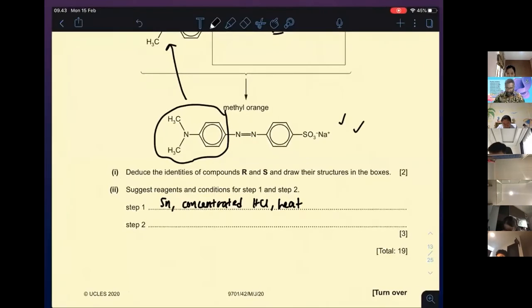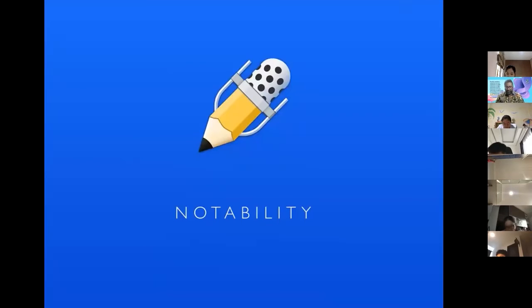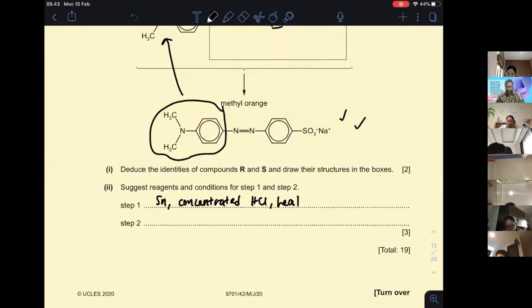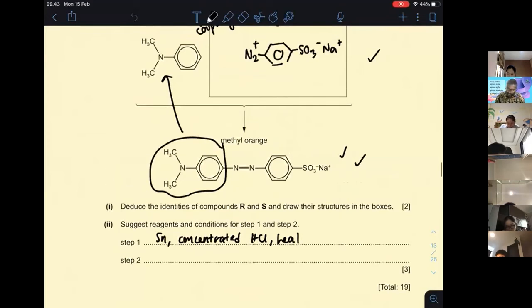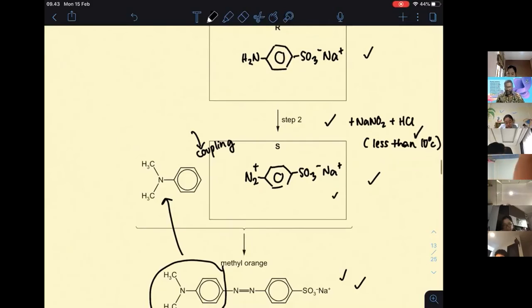Step 2, very important as well. You need to make sure that you include NaNO2 with the HCl. After that, please make sure to state the temperature. I think you need to keep it less than 10 degrees Celsius, because if you don't, this salt will decompose to give you nitrogen gas, and we don't want that.